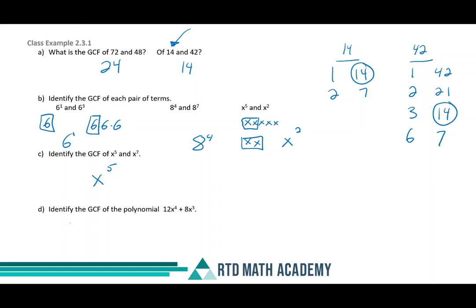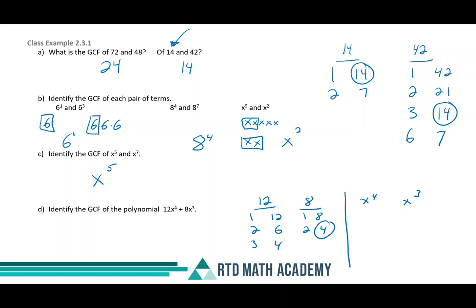And then the last one here, identify the greatest common factor of the polynomial 12x to the power of 4 plus 8x cubed. We're going to look at the numbers, and then we will look at the variables. Now 12 we know is 1 and 12, 2 and 6, 3 and 4. 8 is going to be 1 and 8, 2 and 4.